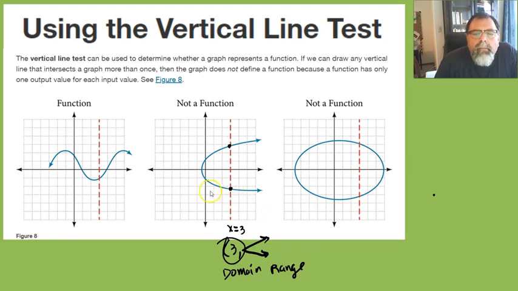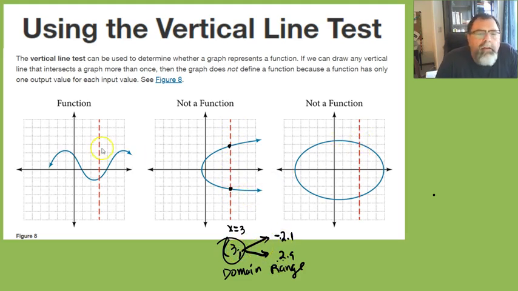It would be whatever that number is, like 2 point something, and this one would be negative 2 point something. I'm just going to say that's negative 2.1, I don't know what it is exactly, and that one is 2.9. So that's not a function, because one x value gets two different y values. A vertical line represents a specific x value, and if it hits the graph more than once, that's like one x value getting two different y values. So it's not a function.